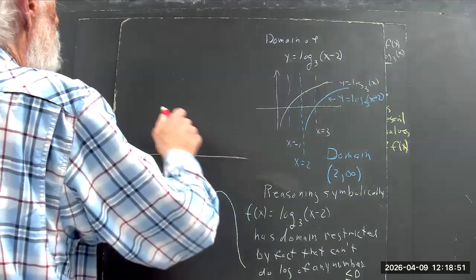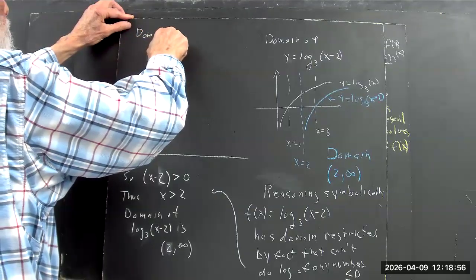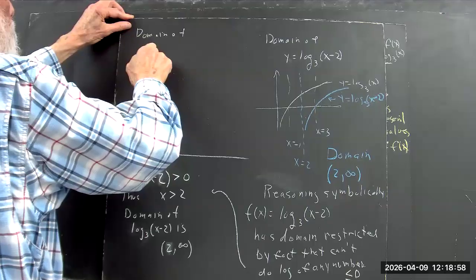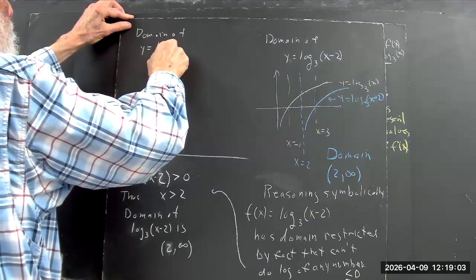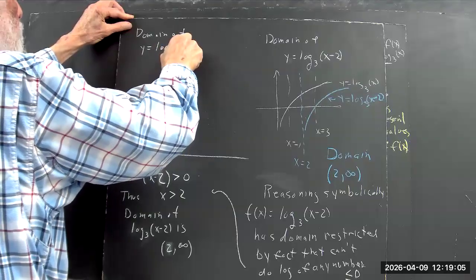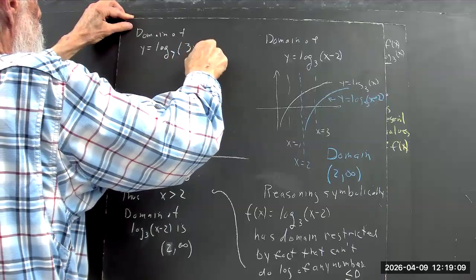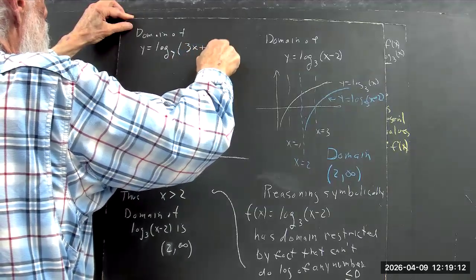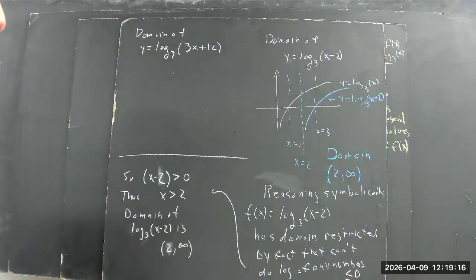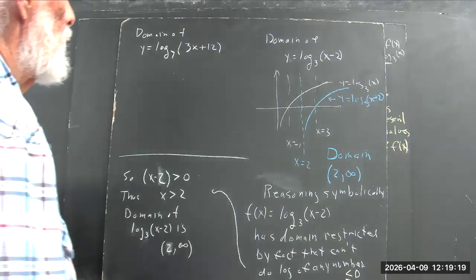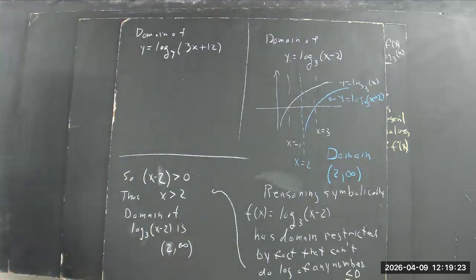2 to infinity. Okay, well, what about this? How about the domain of y equals log base 7 of 3x plus 12? We could try to construct the graph of this thing.